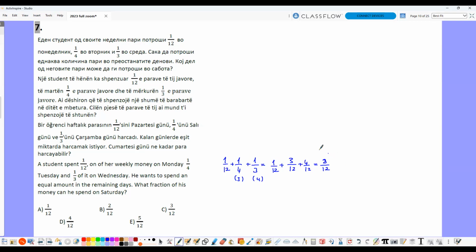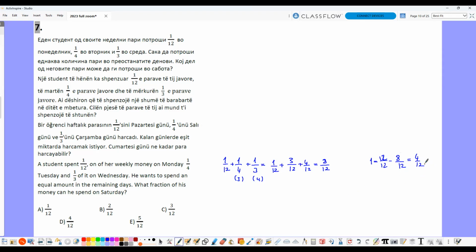From the beginning of the week, Monday till Wednesday, he paid 8/12 of his money. Here we accept that the whole money is 1, which is equal to 12/12, then minus 8/12. This is the money that he has left now, which is equal to 4/12.